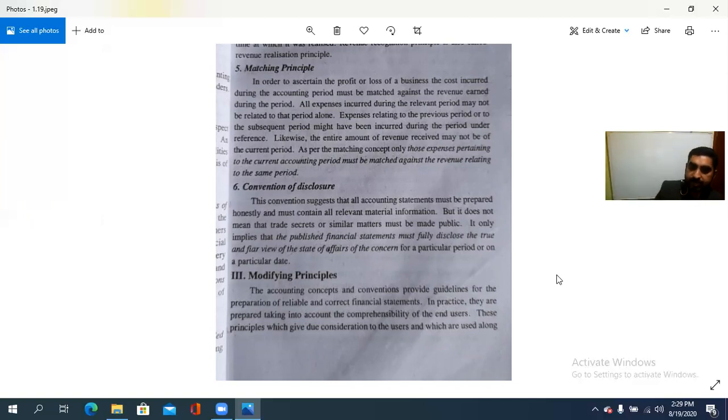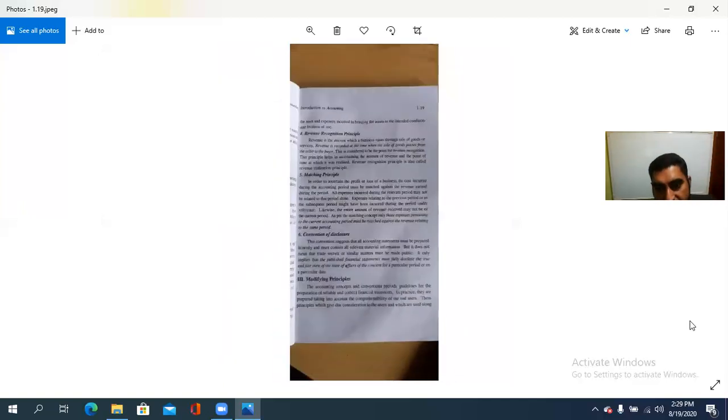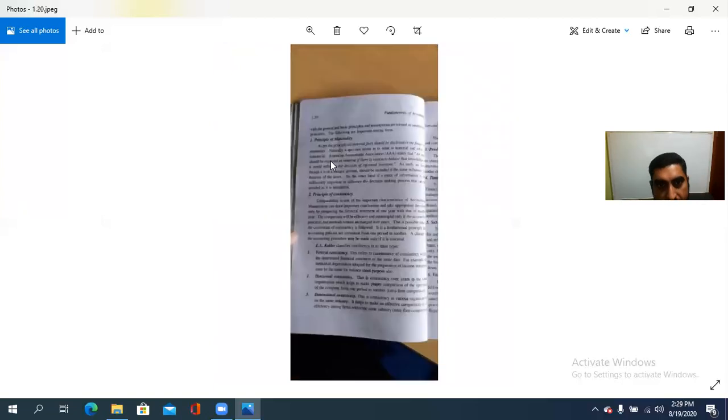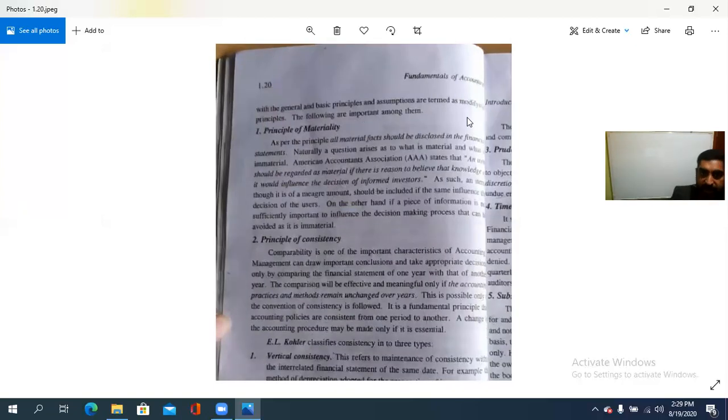The accounting concepts and conventions provide guidelines for the preparation of reliable and correct financial statements. In practice, they are prepared taking into account the comprehensibility of the end users. So these principles, which give due consideration to the users and which are used along with the general and basic principles and assumptions, are termed as modifying principles.